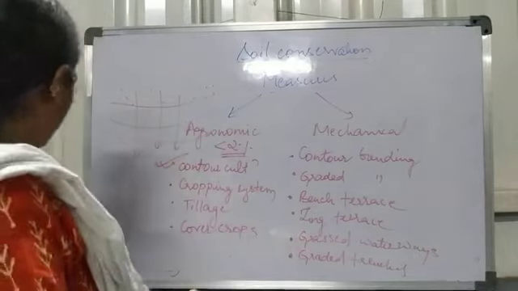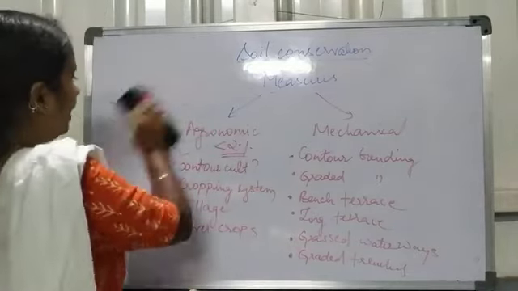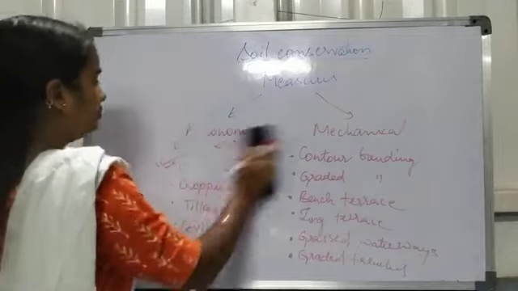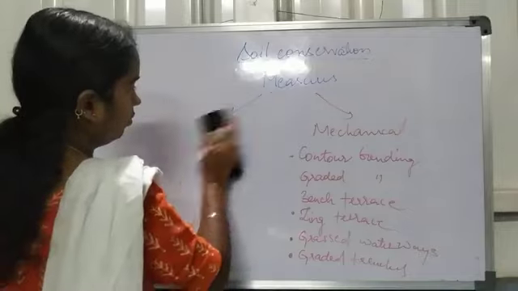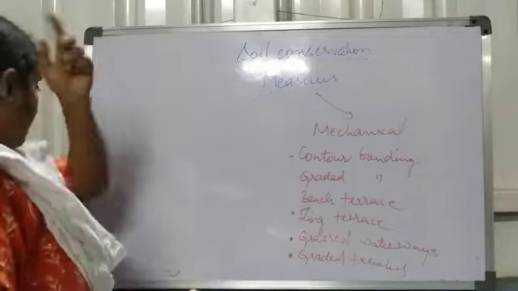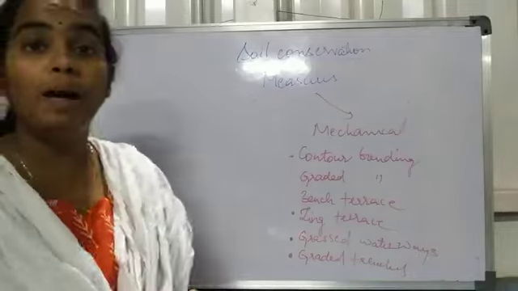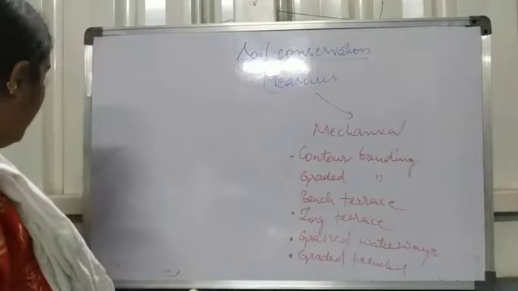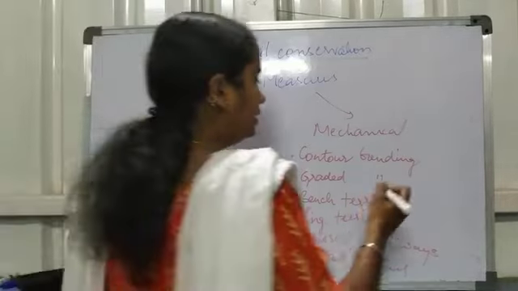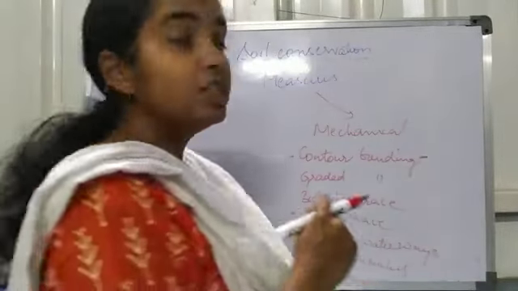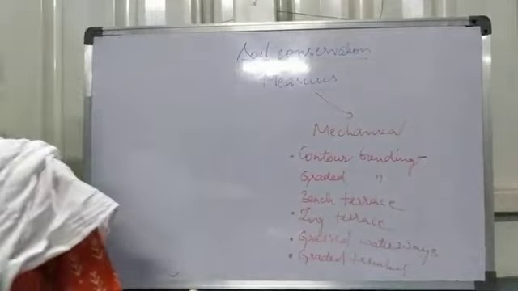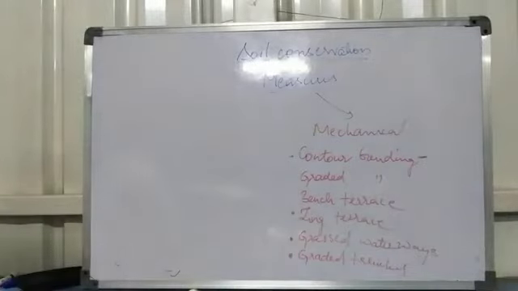Now we shall talk about the mechanical measures in detail. First one is contour bunding. Here what you have to remember is the slope at which these measures can be used.